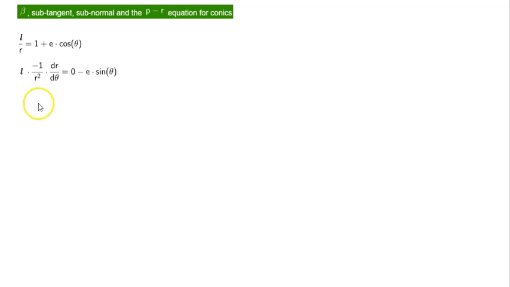We differentiate it. L times minus 1 by R square is the derivative of 1 by R, times dr by d theta. Derivative of 1 is a constant, so 0, minus E sine theta, since the derivative of cos theta is minus sine theta.